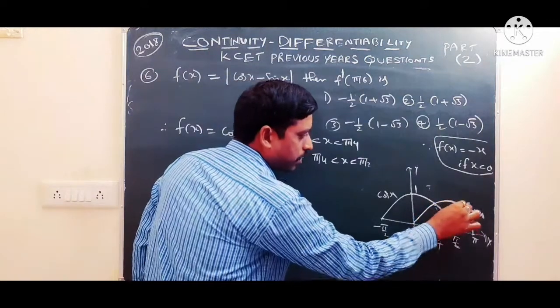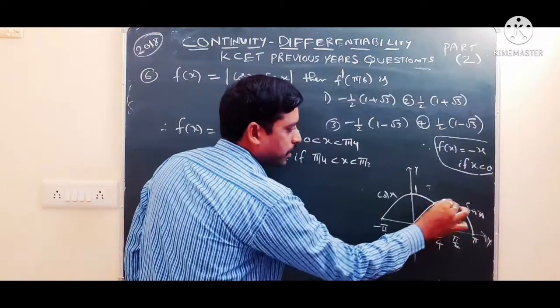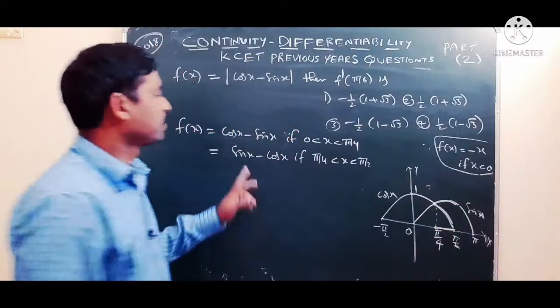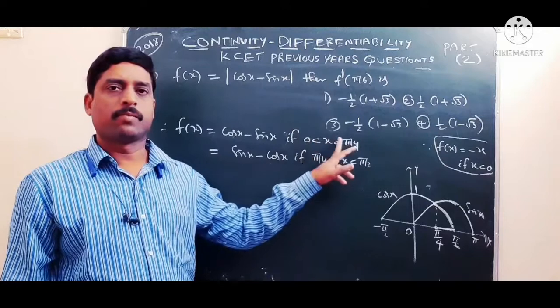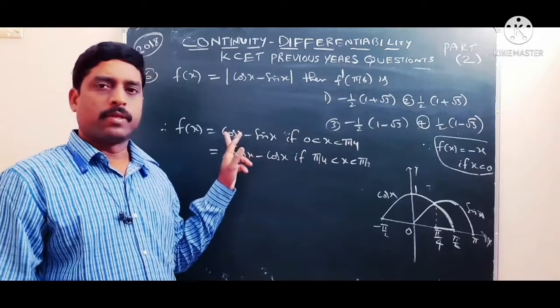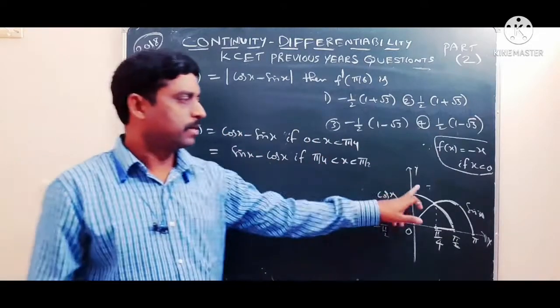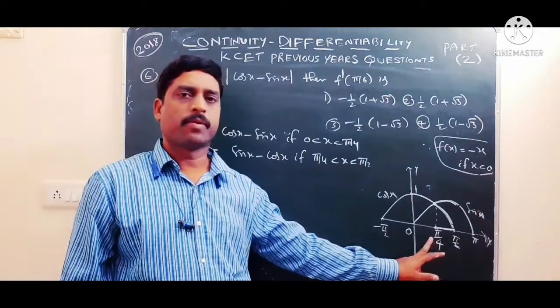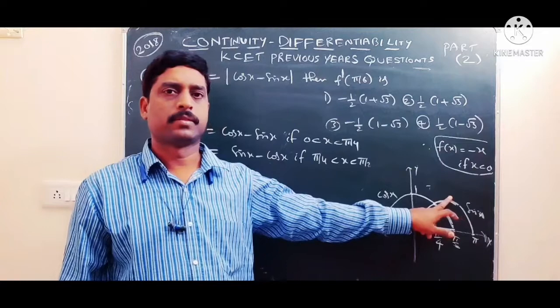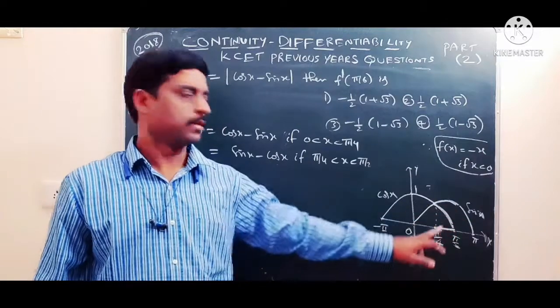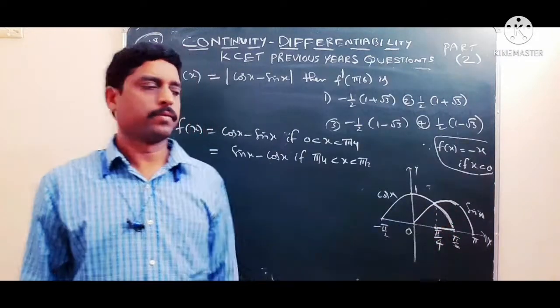What is the above curve? Sin x minus cos x. So in the interval 0 to pi by 4, we should take f of x as cos x minus sin x. From pi by 4 to pi by 2, f of x value is sin x minus cos x. Above curve minus below curve.